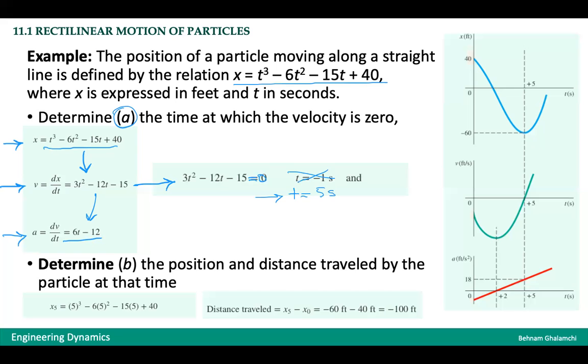Part B is asking to determine the position and distance traveled by the particle at that time. At that time means when t equals 5 seconds. So it's asking us to find the position. We just simply take the first equation and put t equal 5 seconds. Then we are able to find the position.